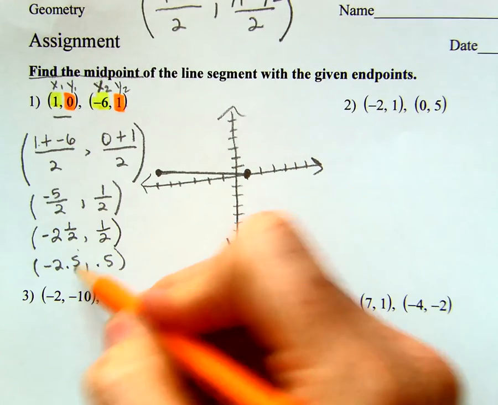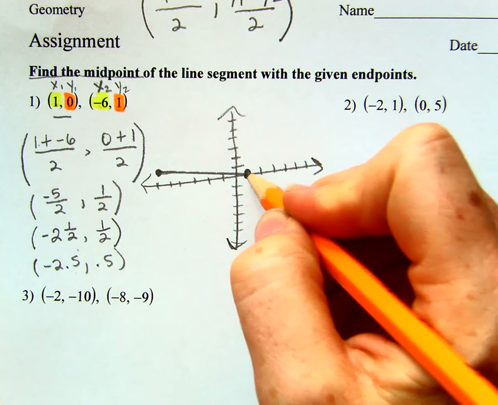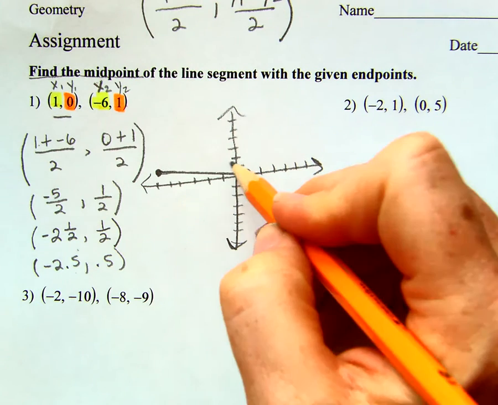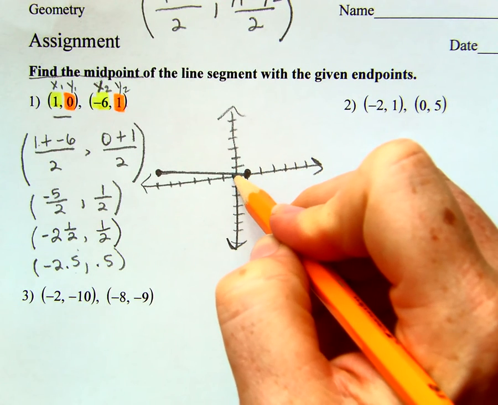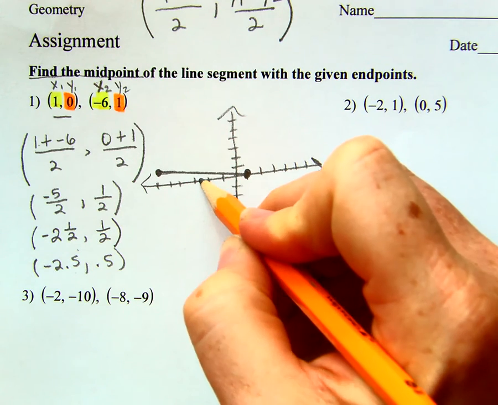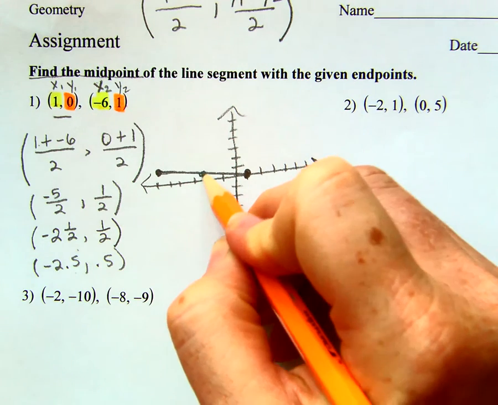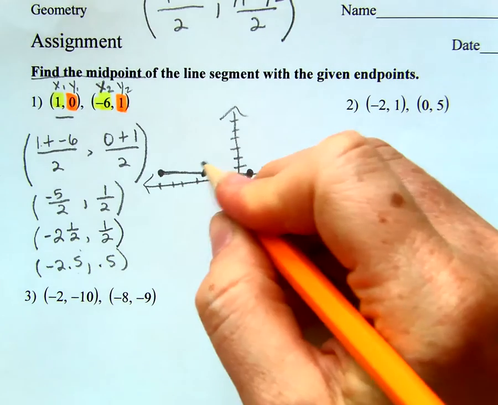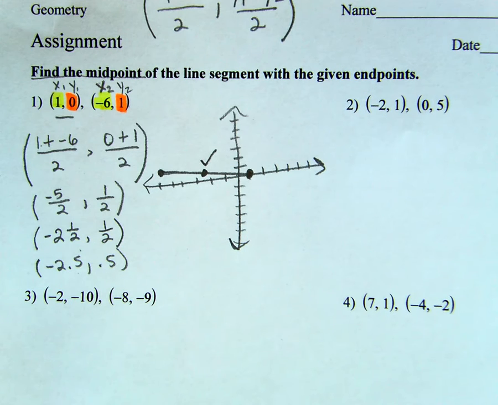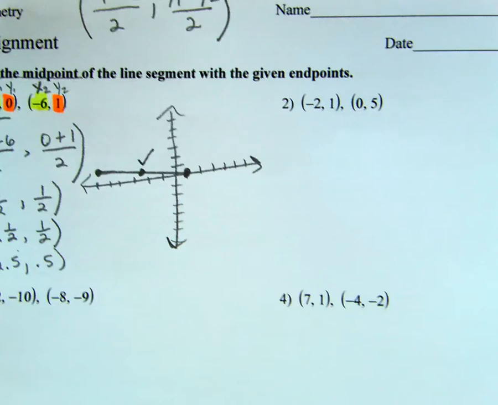So I just want to make sure this point actually looks like it's in the middle, right? So starting at 0, 0, that would be negative 2.5, 1, 2.5, and then up 1/2, right? So that does indeed look like it's in the middle of my line segment. So that's just an easy, quick check to make sure that you're doing what you should be doing, okay?